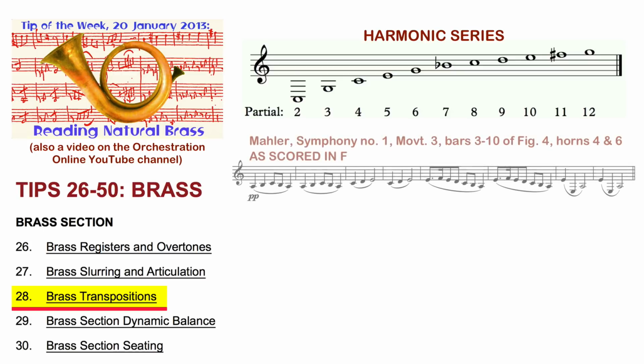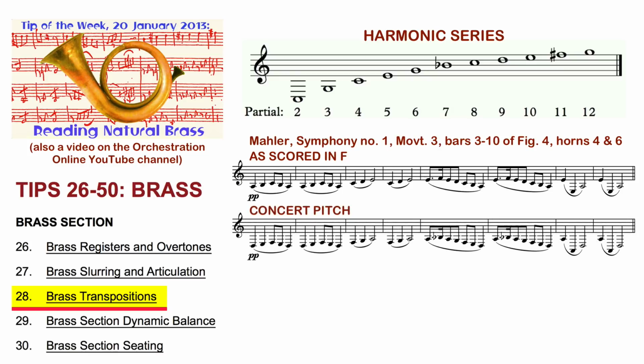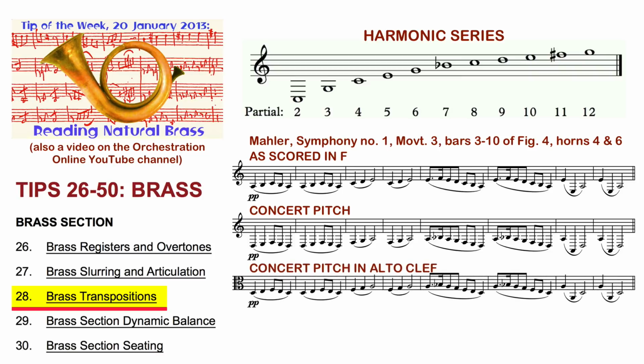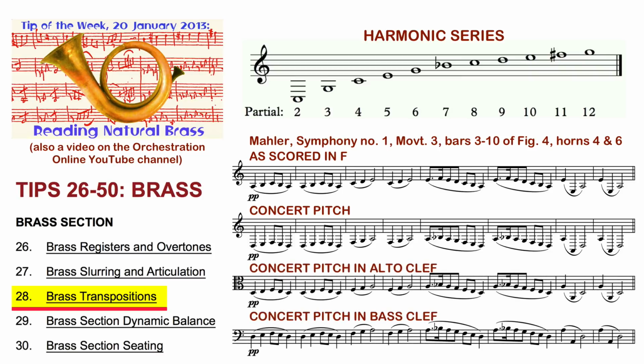Eventually, the two best-sounding lengths of F and B flat were combined with valves into the chromatic double horn that almost all players use today, reading in the key of F. But what if they had to read all of their parts in C? The result would be what you see in a C score: notes hanging below the staff with so many ledger lines that the part would be better off written in alto clef. And, indeed, such concert pitch scoring is often in bass clef.